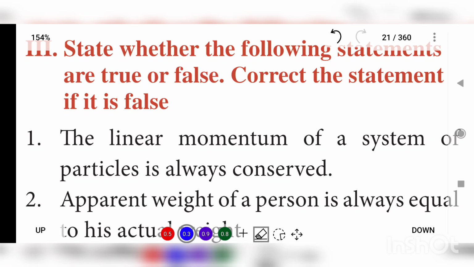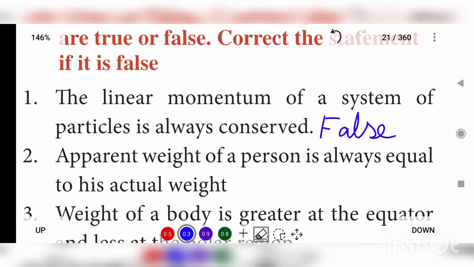True or false? First one, the linear momentum of a system of particles is always conserved. Answer: false. So the correct statement is the linear momentum of a system of particles is always conserved if no external force acts on it.